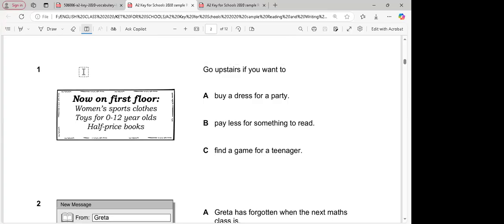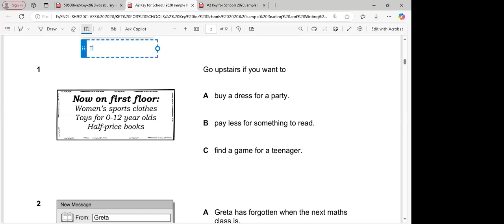Now on first floor, women's sports clothes, toys for 0 to 12-year-olds, half price books. Go upstairs if you want to buy a dress for a party, pay less for something to read, find a game for a teenager. This is question number 1. You will write 1, 2, 3, 4 down, and in front write the answer.